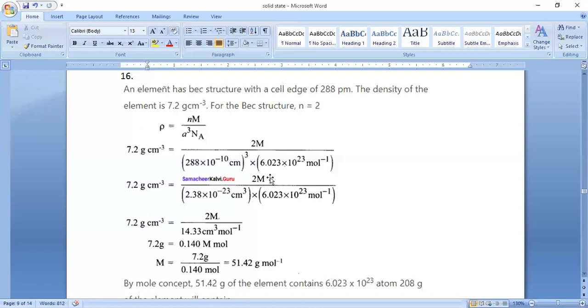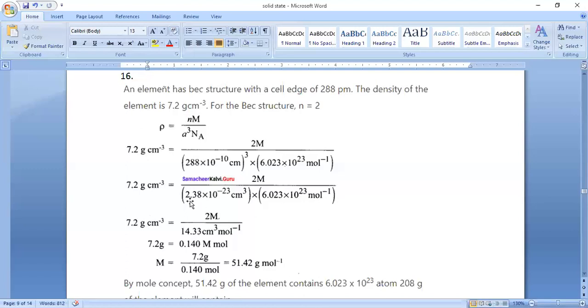In the next step, 7.2 gram per centimeter cube equals 2M divided by 2.38, when we change the decimal here, so 2.38 into 10 power minus 23 centimeter cube, into 6.023 into 10 power 23 per mole.